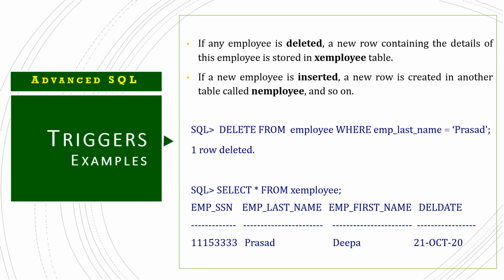Now let's look into the ex-employee table. Select star from ex-employee. Yes, we are getting a record with the employee last name as Prasad. So the deleted record gets inserted into the ex-employee table. Likewise, we can track all the actions that happen on the employee table with the help of a trigger.